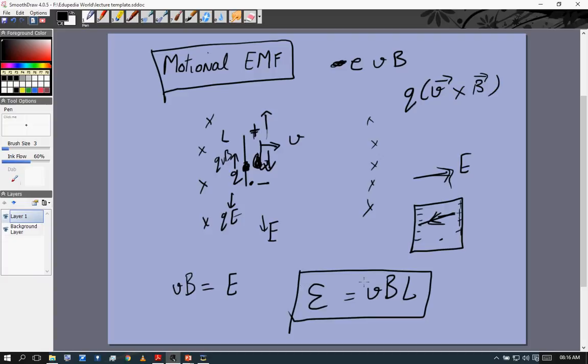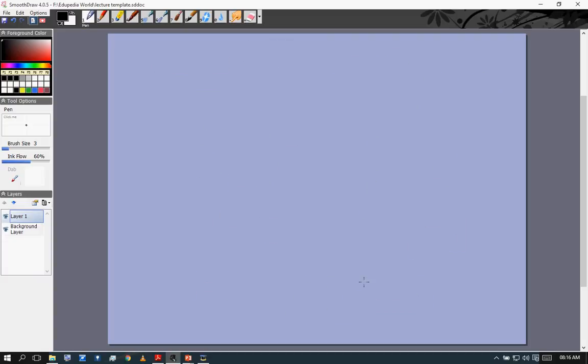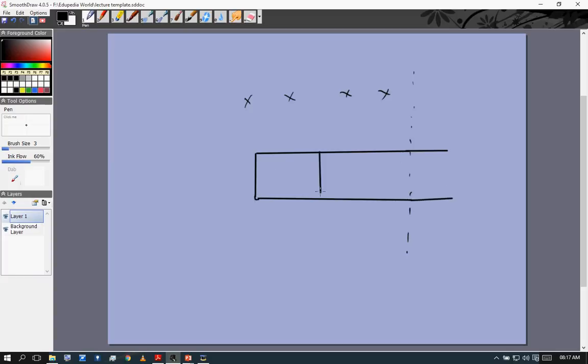Let's see this VBL formula in another way, a way which you've already seen before. So again, let's assume that there's a constant magnetic field inside the plane, and this is an example which you've seen before. Let's assume that the constant magnetic field is only till here, right? So there's no magnetic field here, and these are all potentially current carrying wires, and this wire is going with the speed V, right? And everywhere here there is a magnetic field.